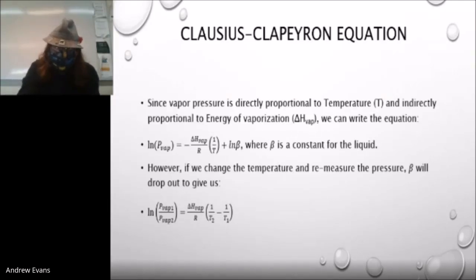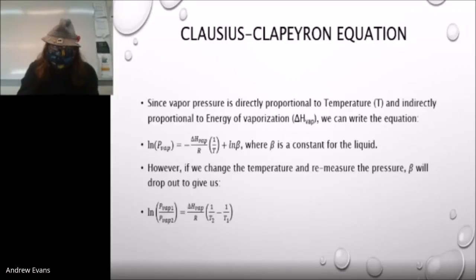Please note the subscripts, the 2 and the 1. This went from negative to positive because instead of T1 minus T2, we're taking T2 minus T1. How did we get that? Real quick, remember our rule of logs.